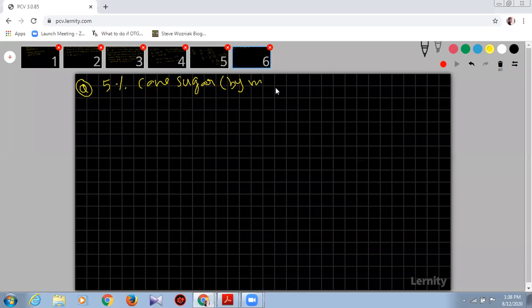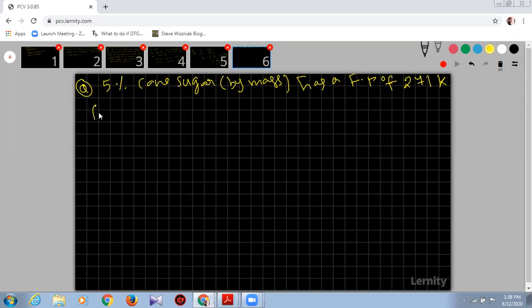That is weight by weight percentage. It has a freezing point of 271 Kelvin.